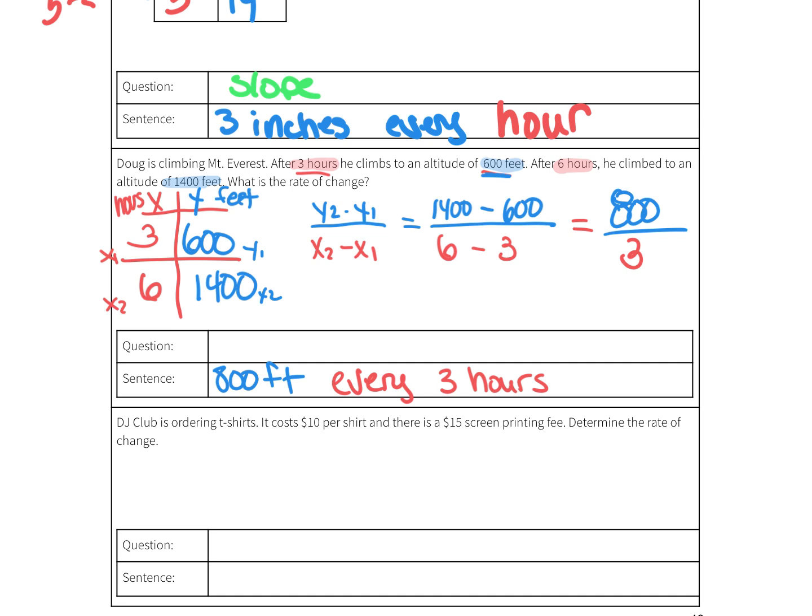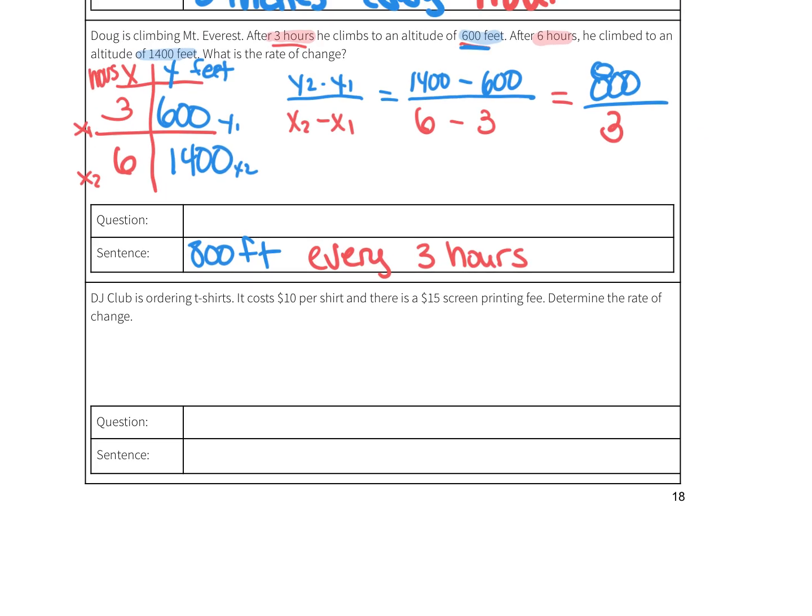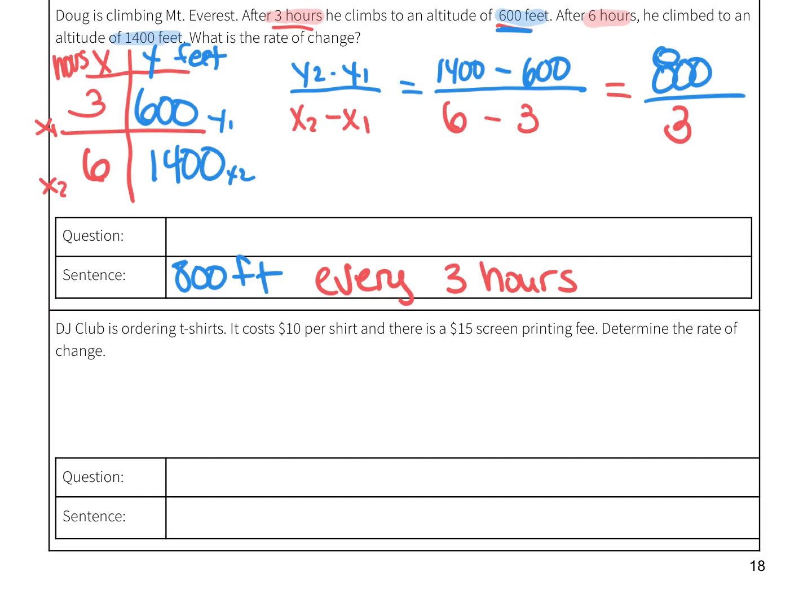Okay, let's try this next one. This one says, DJ Club is ordering t-shirts. It costs $10 per shirt, and there is a $15 screen printing fee. Determine the rate of change. Well, this one is a special kind of problem because it requires no work.